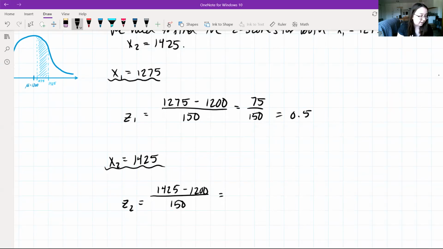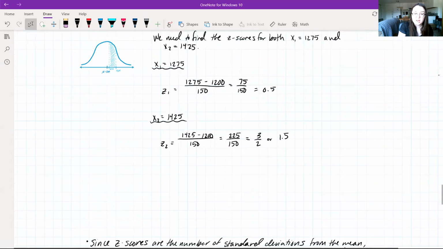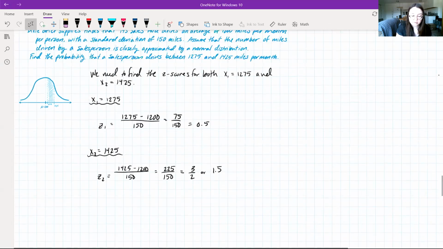Then we calculate this value, and we end up getting 225 divided by 150. Now we see here that this value is going to simplify to 3 divided by 2, or 1.5. So now that we've found our two z-scores, and we are definitely going to run out of room right now, so I'm going to make these much closer together.